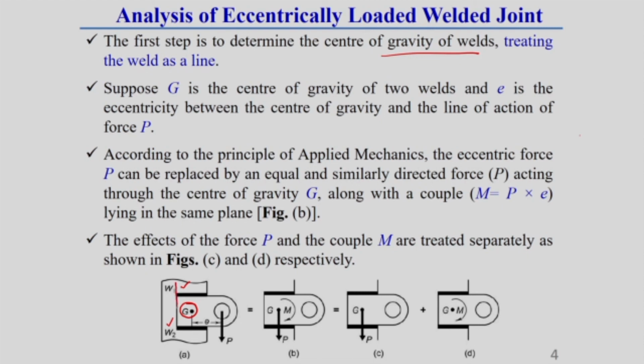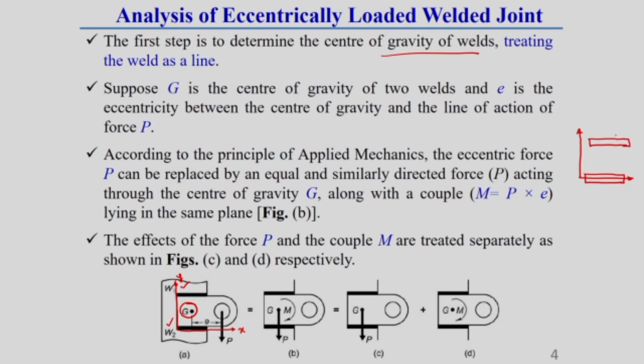Let us consider this is our y axis and this is our x axis. So the x and y axes are known. With respect to the x and y axes, here is one weld, and here is another; we consider two different welds.